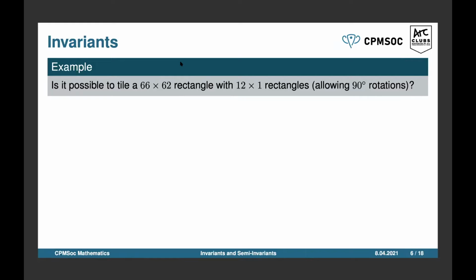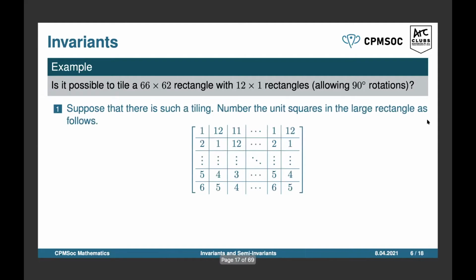All right, so for this question, you can play around a bit, and since 66 and 62 are quite large numbers, it might be useful to consider smaller cases before moving on to larger cases. So let's see.